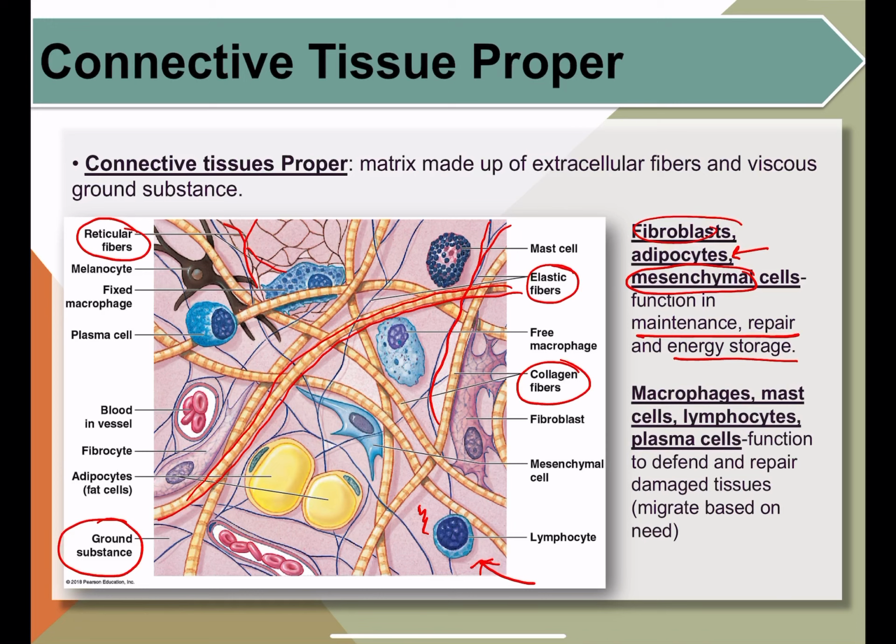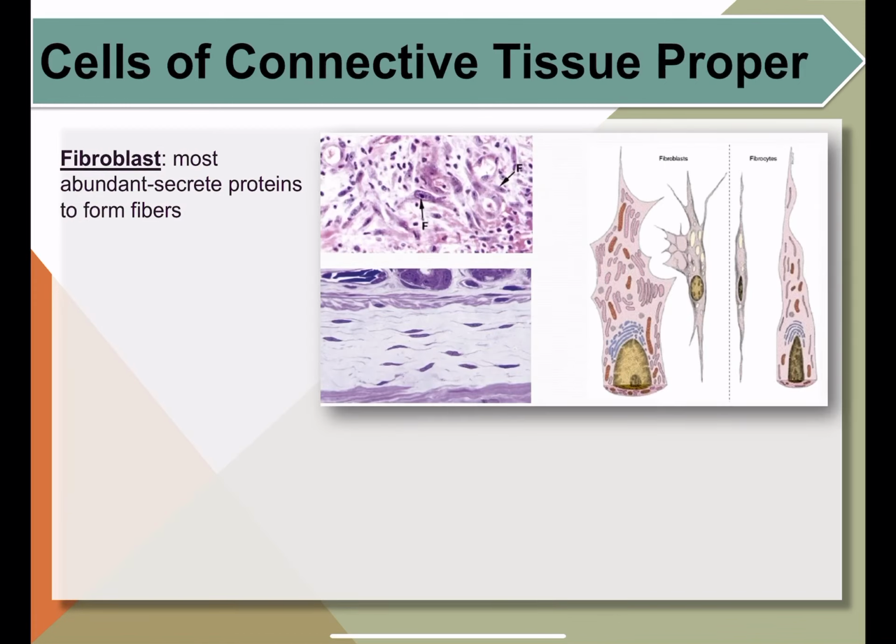There's also a group of immune cells in this type of tissue that is divided into macrophages, mast cells, lymphocytes, and plasma cells. All of them function to defend and repair damaged tissues in their own ways. They have the capacity to also move around and chase down pathogens. And then we'll talk about that process next when we talk about these specialized cells in detail.